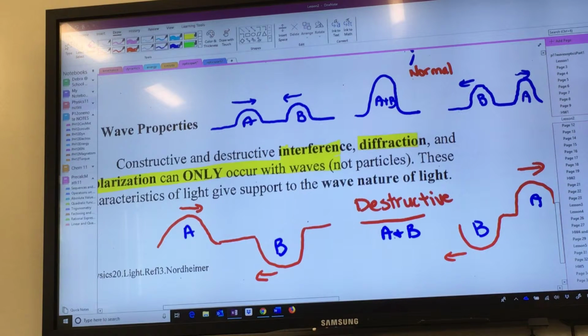So constructive means you add together, but in destructive, this one is a negative. So we have those properties. There's something called diffraction and something called polarization, which we'll talk about later.